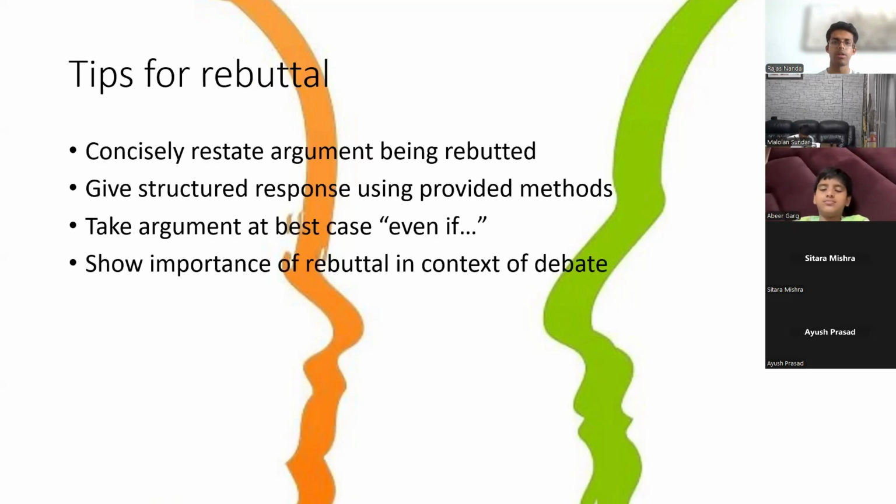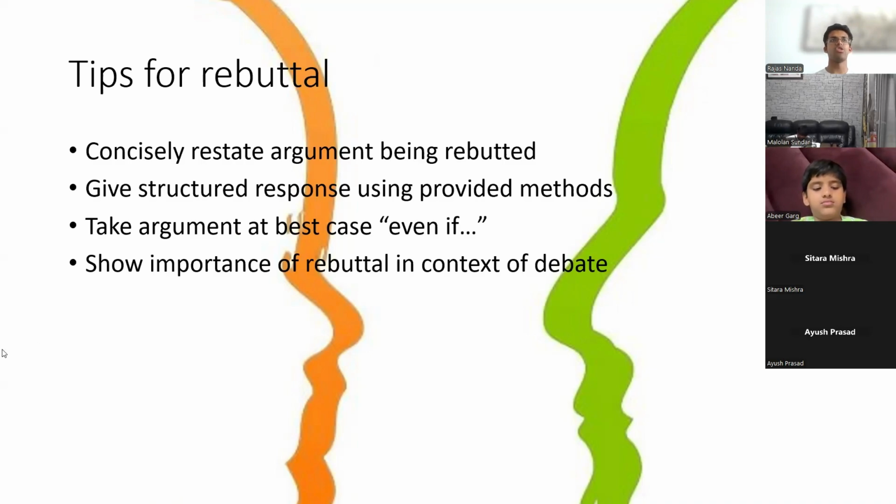Yeah, and that's about it, honestly. I just have one last slide, which is just overall tips. Tips wise, when you're doing rebuttal, the best way to structure it is to restate the argument you're trying to rebut, so it's very clear what you're trying to do.